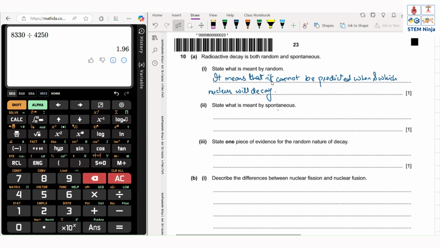Each decay is basically governed by a constant probability. So each decay is independent and has a constant probability over a given time.